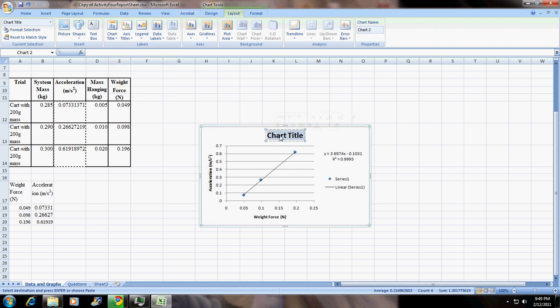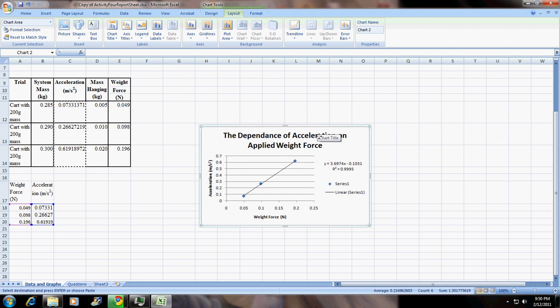I'm going to put the dependence of acceleration on applied. Oh, I don't think I typed applied. Okay, let's try that. Applied weight force. Okay. And what I'm going to do, okay, that looks very good.